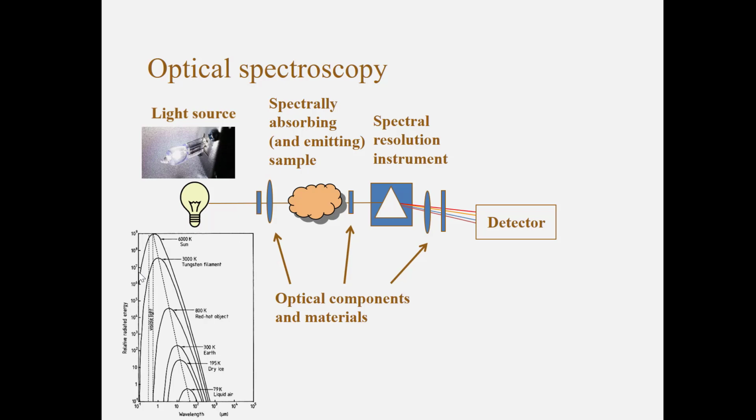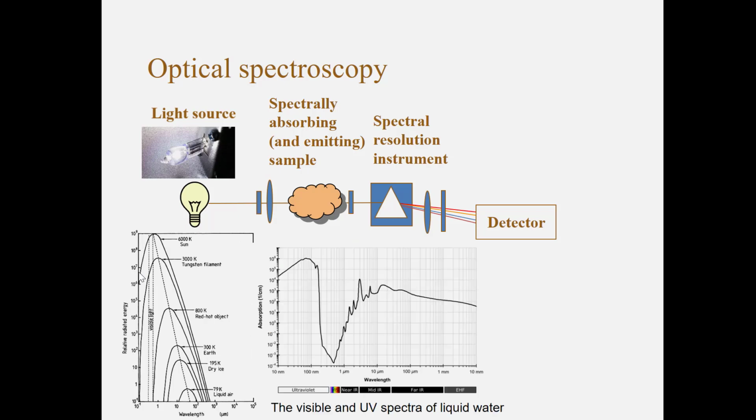Okay, so let's continue and look at our spectrally absorbing sample. That's this part over here. In this case, as an example, I have a spectrum of liquid water. At low wavelengths, below 200 nanometers, liquid water has very strong absorption.